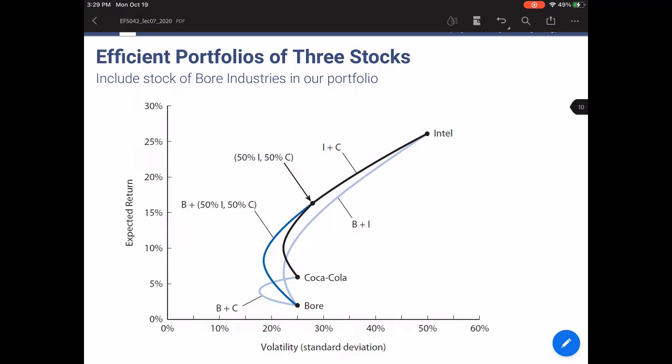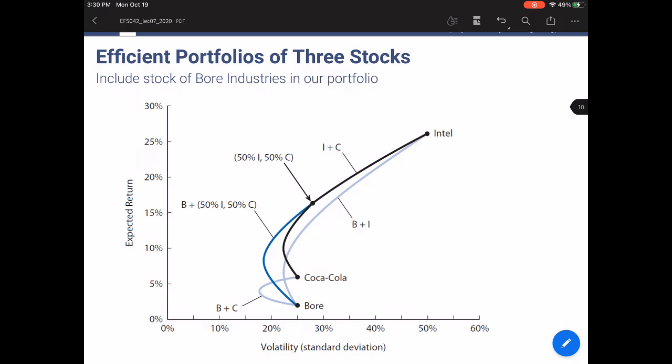So in this case, we have Intel and Coke. The black line represents any portfolio you can take on between investing in Coke and Intel. The dark blue line represents 50-50 in Intel and Coke, but you're going to vary the weight on Bohr. Okay, so Bohr is another company. And you should also get a C shape.